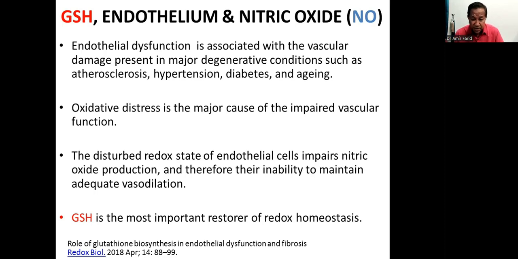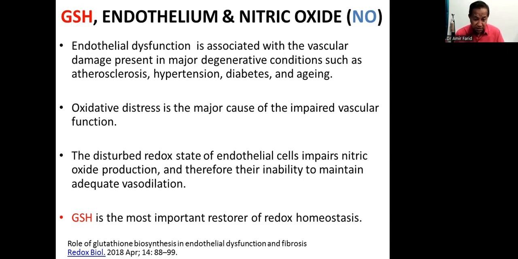Oxidative distress is the major cause of the impaired vascular function, and the disturbed redox state of endothelial cells, meaning the disturbed balance between free radicals and antioxidants, that will give you the redox state. The disturbed redox state of endothelial cells impairs nitric oxide production, and therefore the inability to maintain adequate vasodilatation.